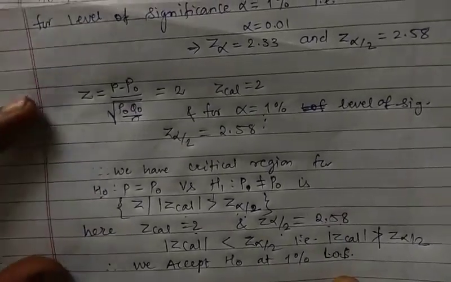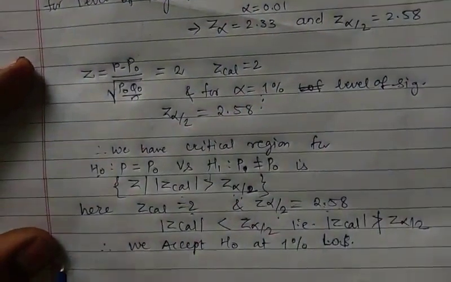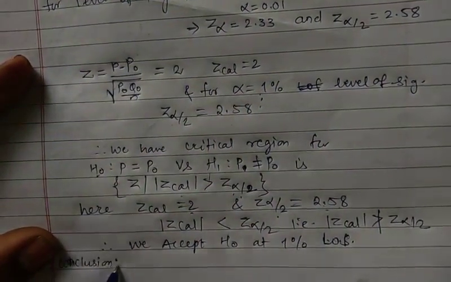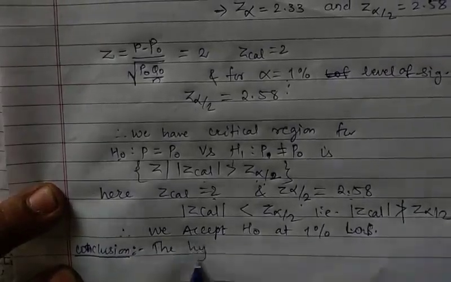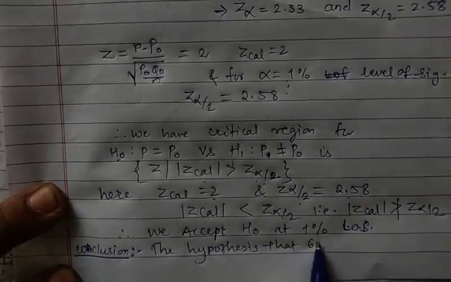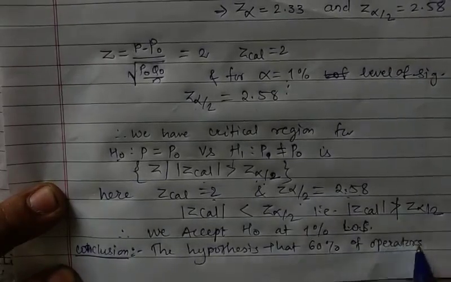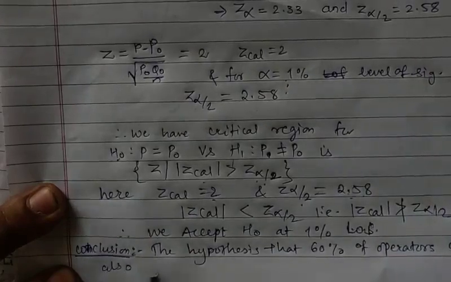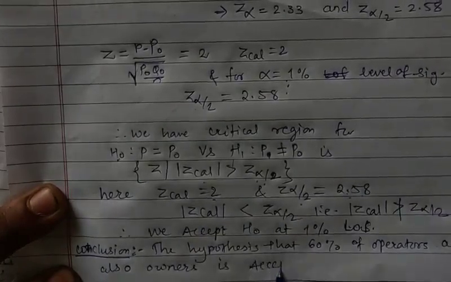That is the conclusion for the same example. If alpha is 1%, the conclusion is that the hypothesis that 60% of operators are also owners is accepted.